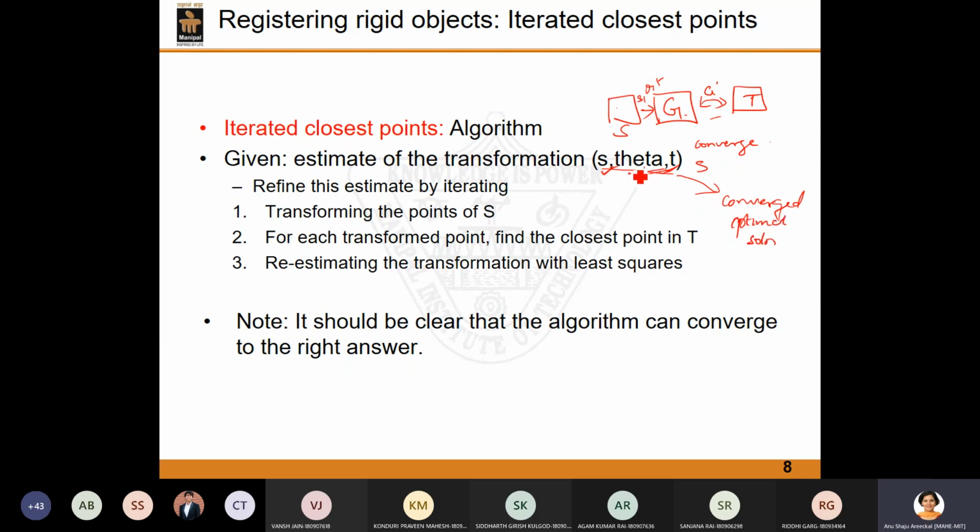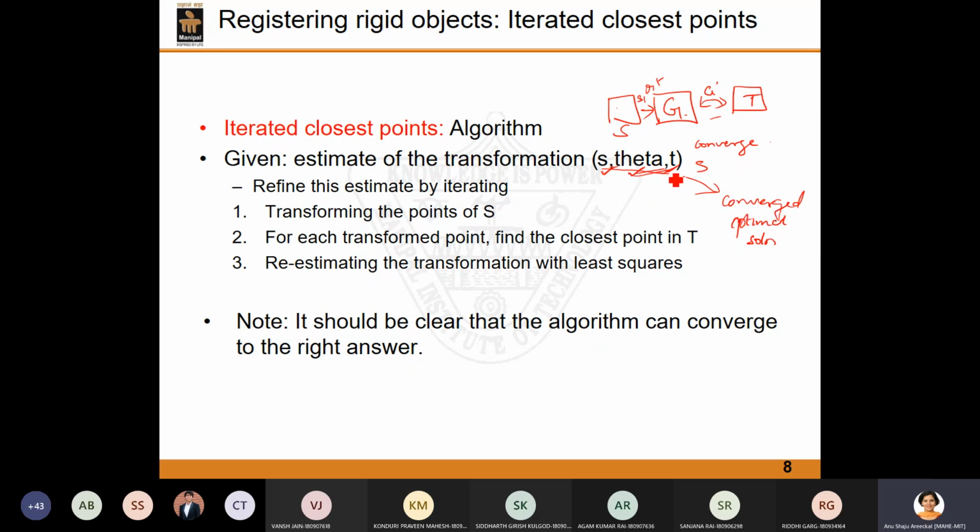So if the initial estimate is close to the actual value, meaning these values of s, theta and t are close to the actual transformation values of s, theta and t, then the convergence can happen within a few iterations.